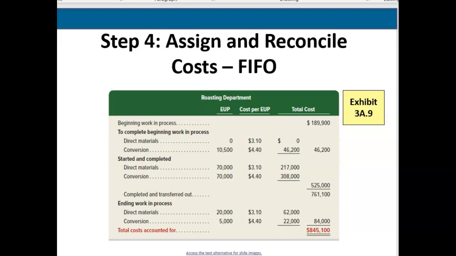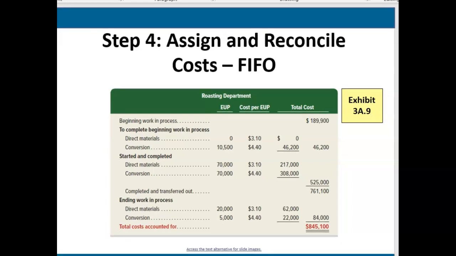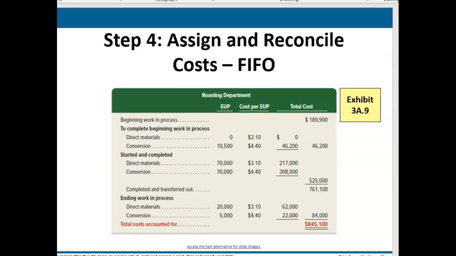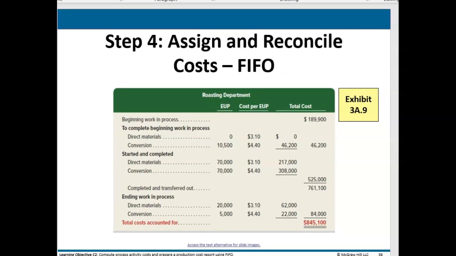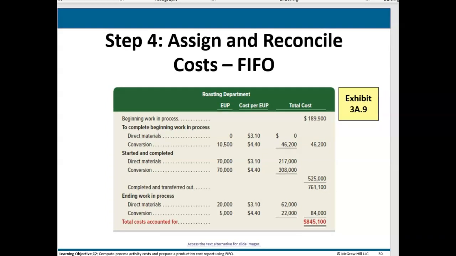This is shown in Exhibit 3A.9. So the beginning work in process inventory, the cost of beginning work in process is $189,900 from Exhibit 3A.7. These costs were carried over from the prior period for work already completed on the 30,000 units in beginning work in process.